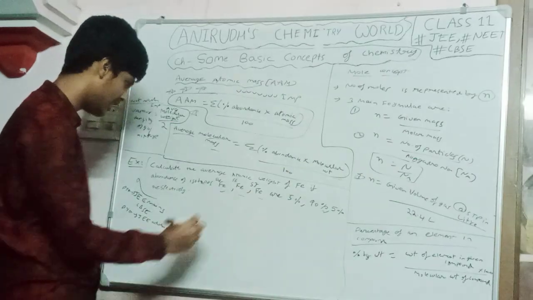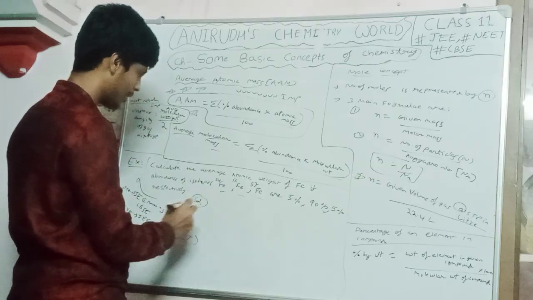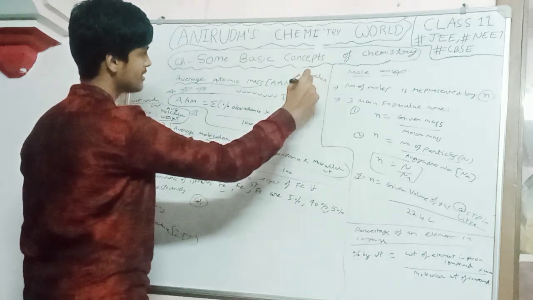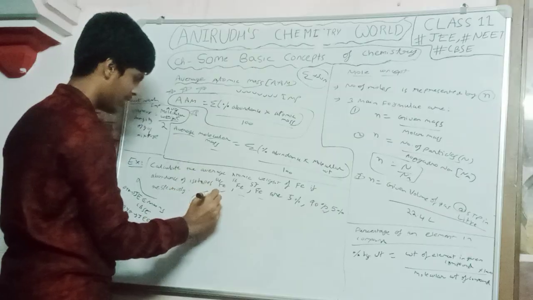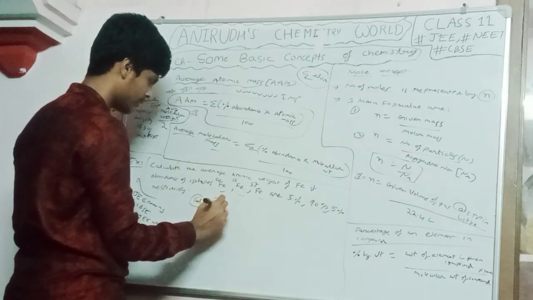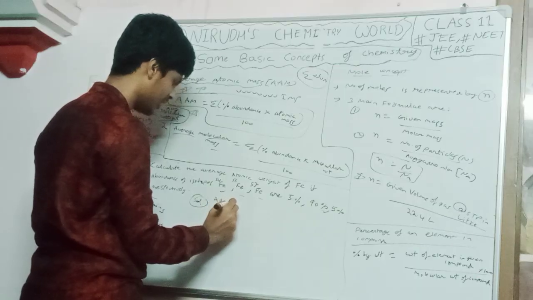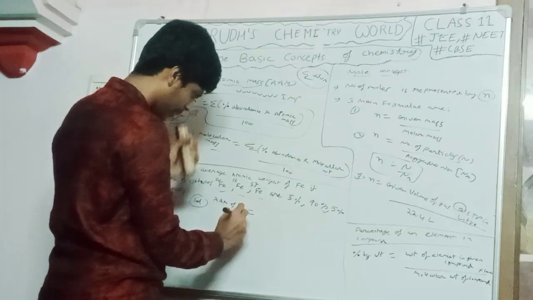The strategy of solving this: summation means sum, adding all of them. Here, what is the formula? Average atomic mass. Calculate the average atomic mass of iron. Fe means iron, ferrum.